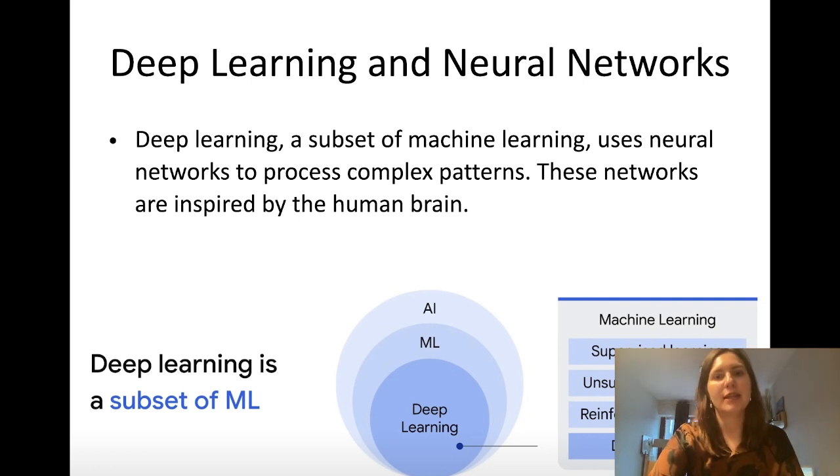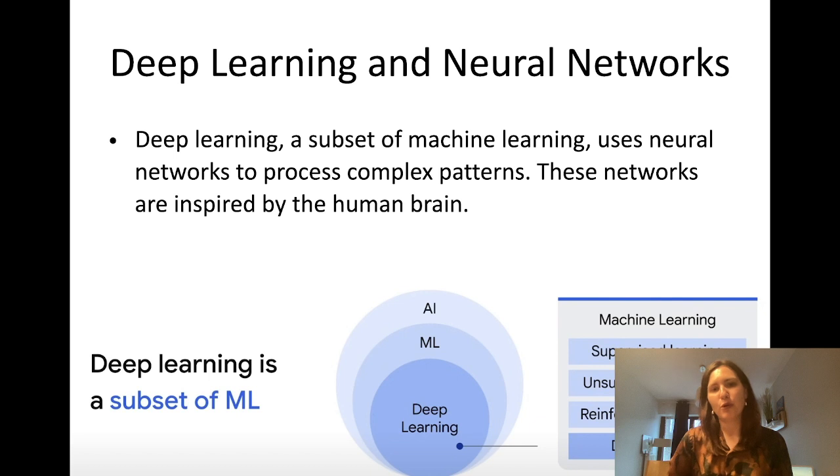While machine learning is a broad field that encompasses many different techniques, deep learning is a type of machine learning that uses artificial neural networks, allowing them to process more complex patterns than machine learning.